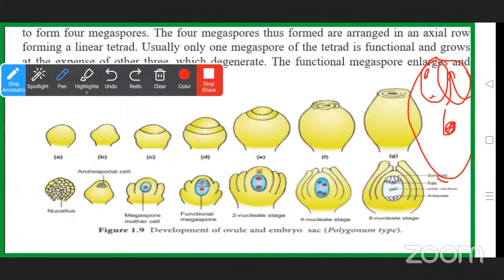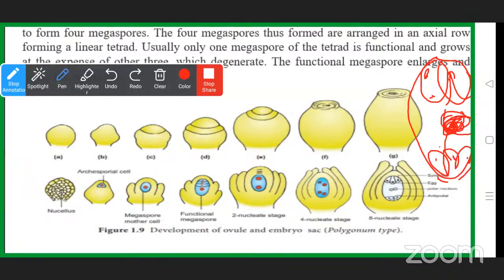From the chalazal 4, 1 nucleus also comes to the middle and fuses with it, so that a diploid secondary polar nucleus is formed at the middle. The remaining three of the chalazal end form the antipodal cells.